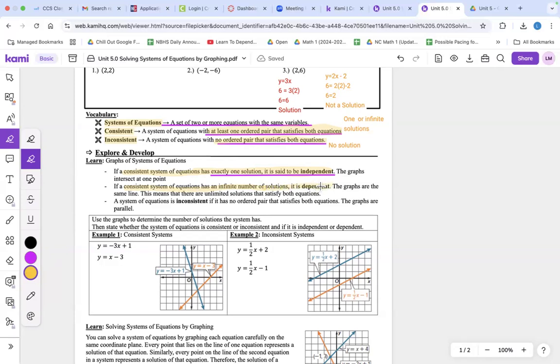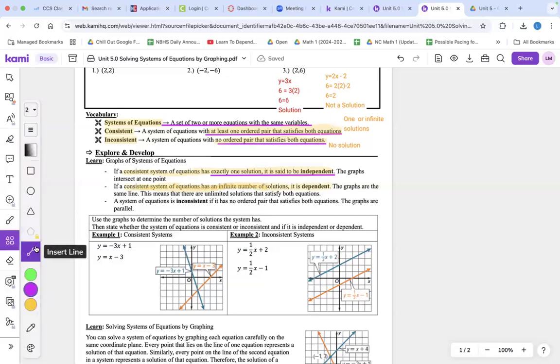It is dependent. Underline, infinitely many. It is dependent. The graphs are the same line. Unlimited solutions.